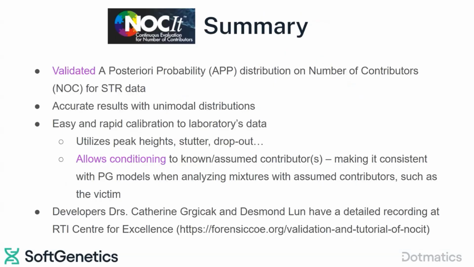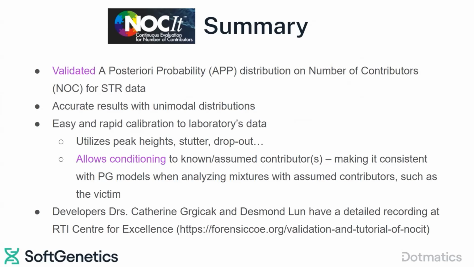decision tree. So just to summarize, there are multiple ways to come to a conclusion regarding the number of contributors to a mixture. We went into detail on one of the a posteriori probability methods called NOCIt. NOCIt has gone through developmental validation and is currently being used in forensic labs.